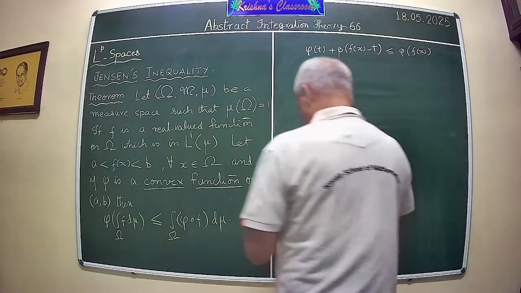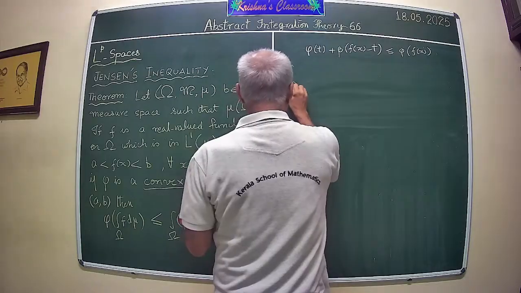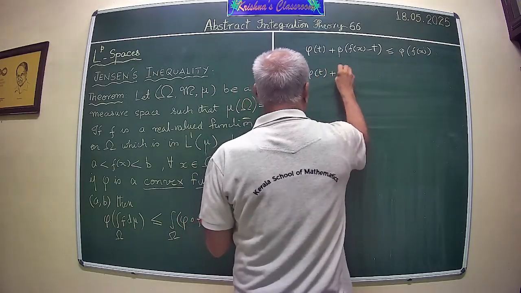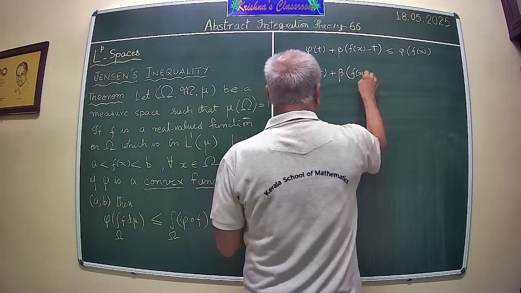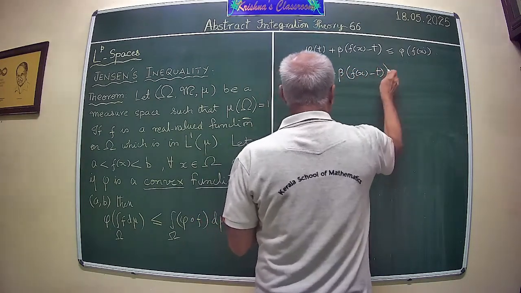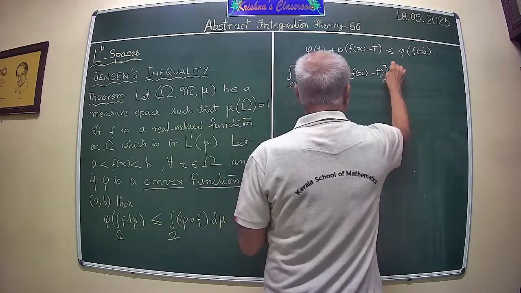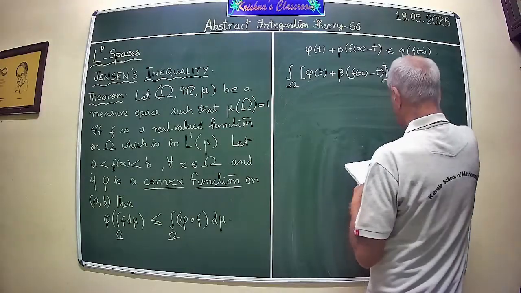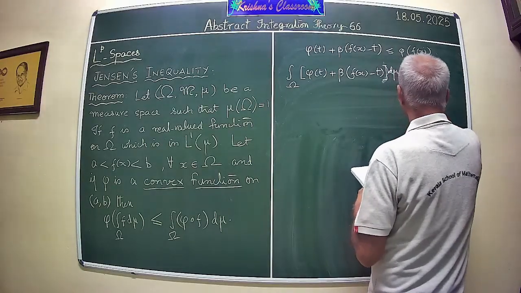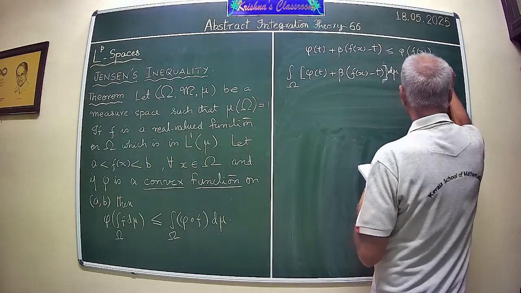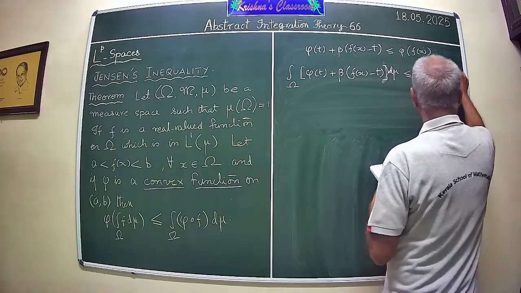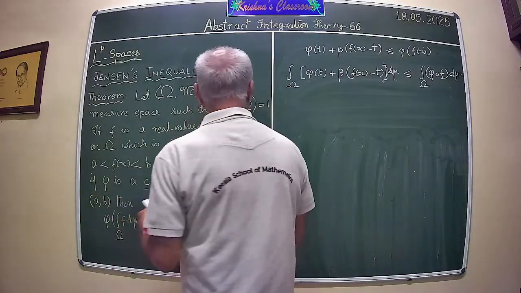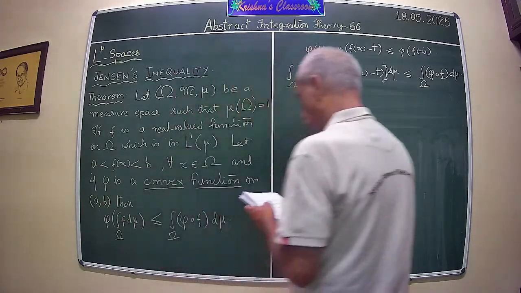Therefore, integral over omega is less than or equal to integral d mu. And one side of the inequality comes that way.